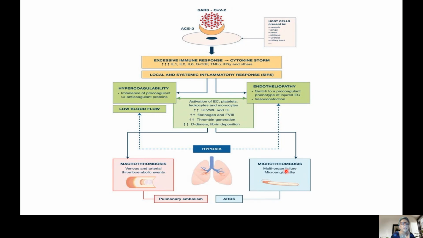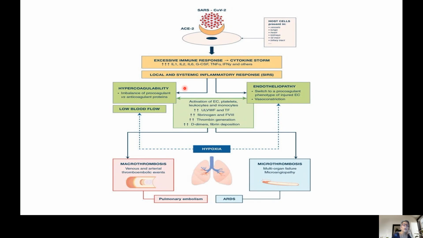And it can be either big, macro thrombus, venous and arterial, or micro. When it happens with teeny tiny ones, you'll end up getting those in different parts of organs, and you'll have multi-organ failure. And so you go from a respiratory disease to where the inflammatory response is hyperstimulated. It creates the endotheliopathy and hypercoagulability. So everything gets narrow and thick. The blood gets thick.